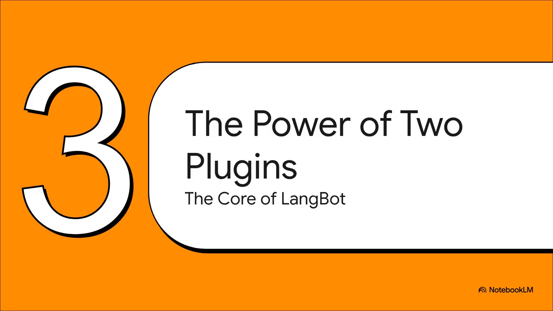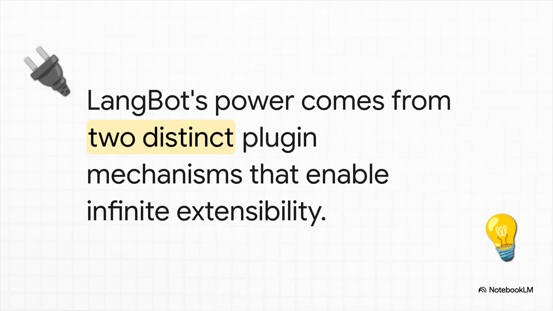All right, so how does LangBot pull off all this flexibility? What's the secret sauce? Well, the core of its power, the real genius, is in its unique approach to plugins. Yep, LangBot's entire architecture is built around two very different types of plugins. And honestly, if you can understand the difference between these two, you've basically unlocked the key to everything this platform can do.